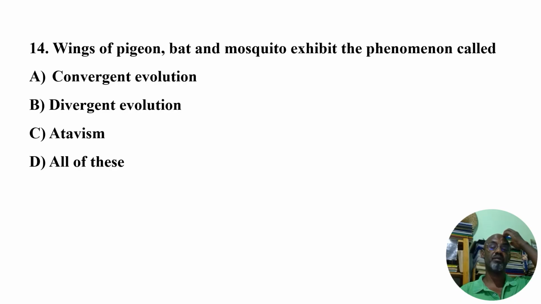The answer here is A. Convergent evolution, because though the pigeon and bat wings may be related ancestrally, a mosquito wing is totally different. So the answer is A.